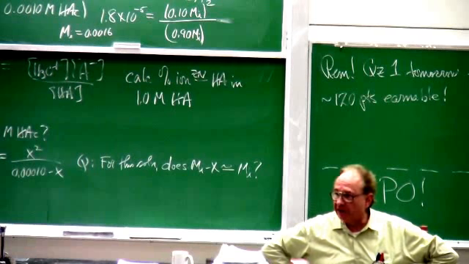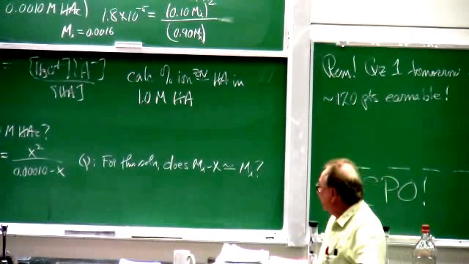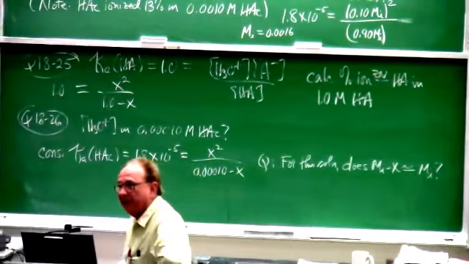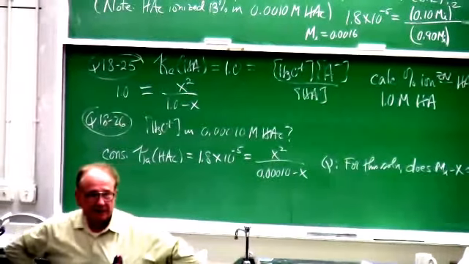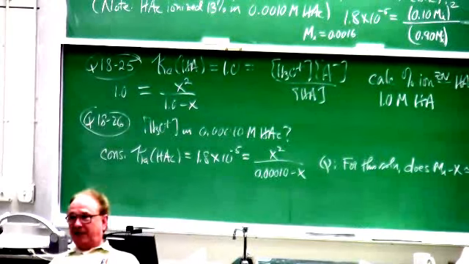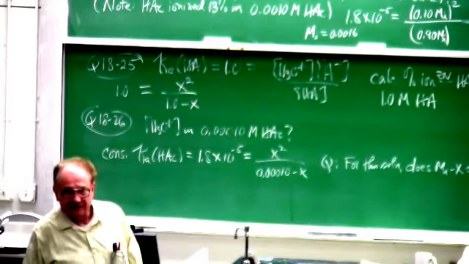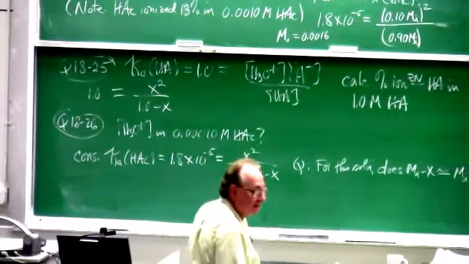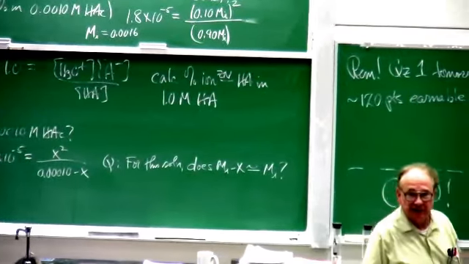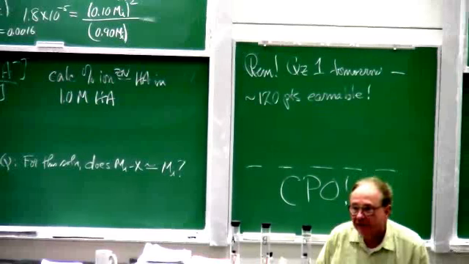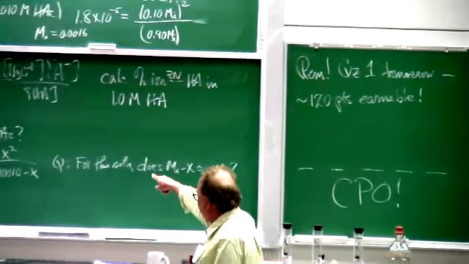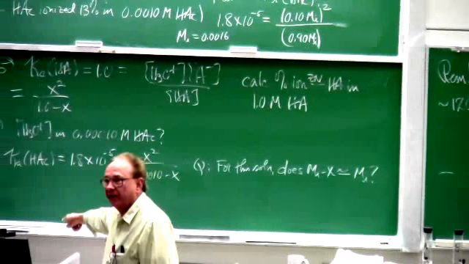Because if 1.0 minus x is equal to 1.0, then x squared is 1.0, and the value for x is 1, which means this stuff is ionized 100%. And if it's ionized 100%, this K value means nothing. So for this case, does 1.0 minus x equal 1.0? Hell no. Which means to solve this, you have to keep x in the denominator.